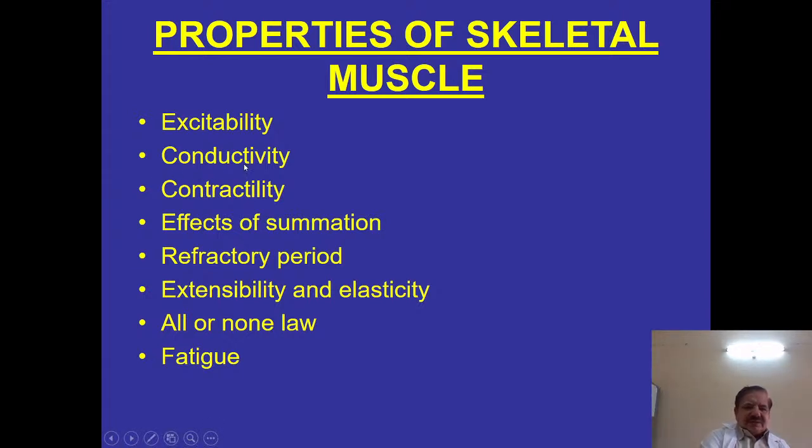Once there is a conduction, there is contractility, so the muscle contracts. And if you are giving more stimuli, there is the effect of summation. One after the other, you are stimulating the muscle soon after the first stimulus. After the first stimulus, immediately after relaxation, you give the second stimulus.